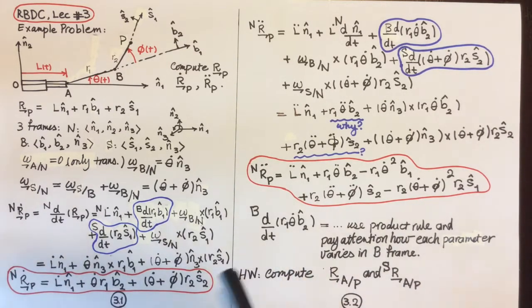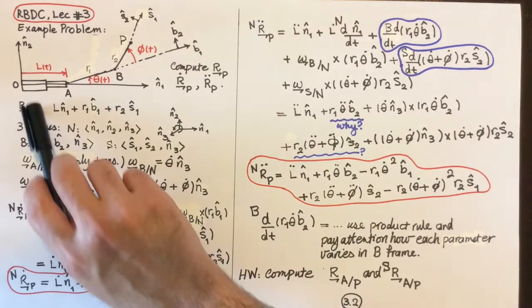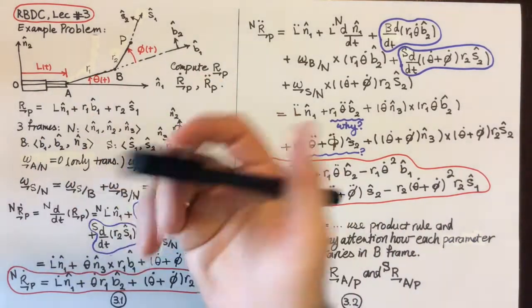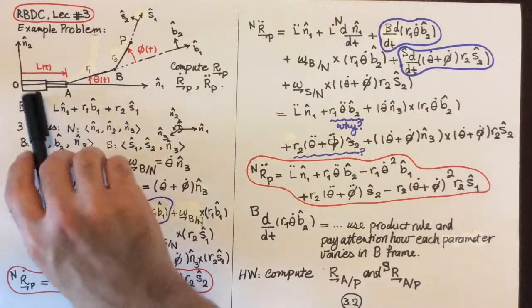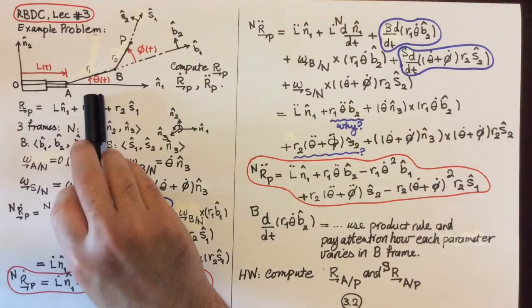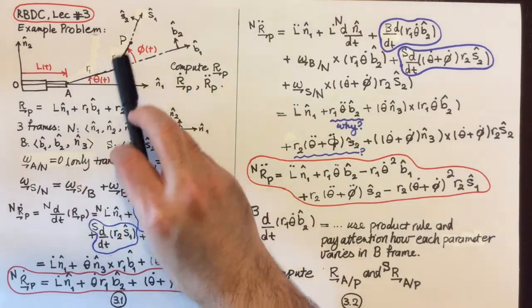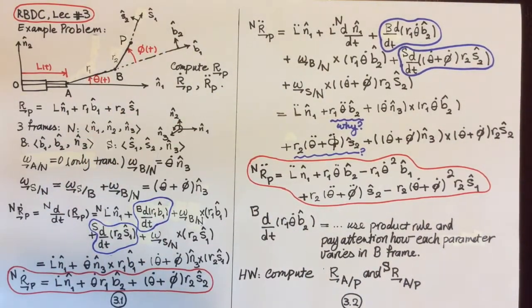The example we have is this cylinder and this piston A, which travels on this straight line, and then I have two robotic links.